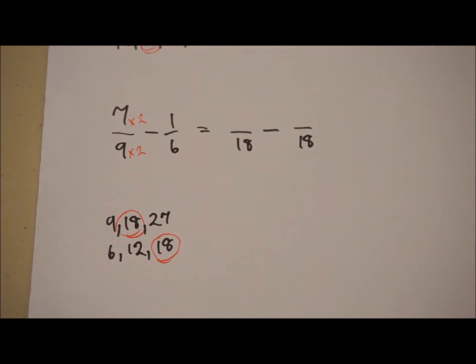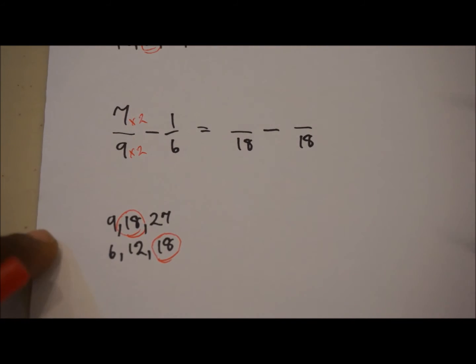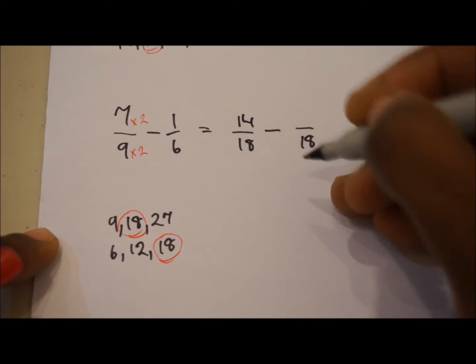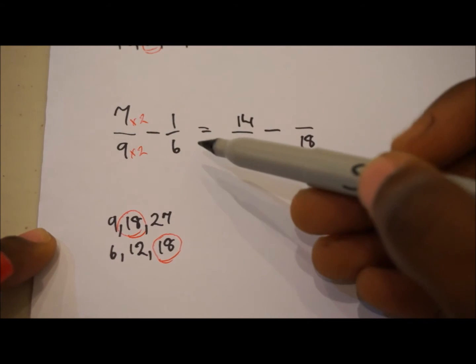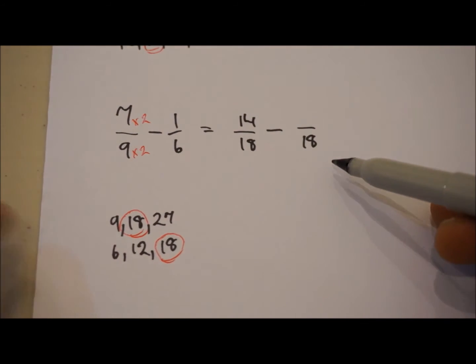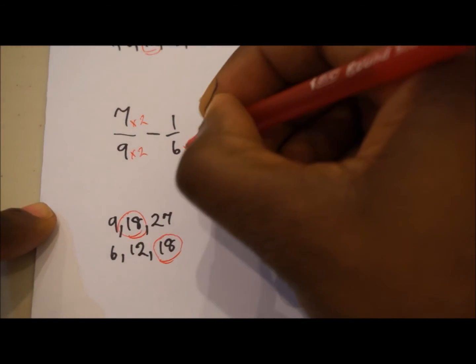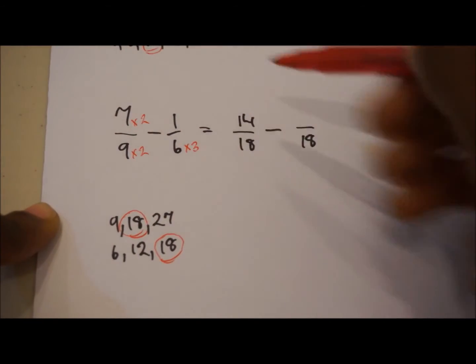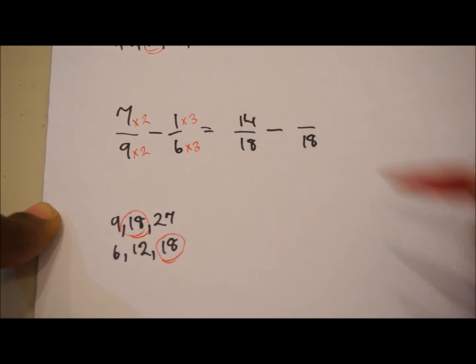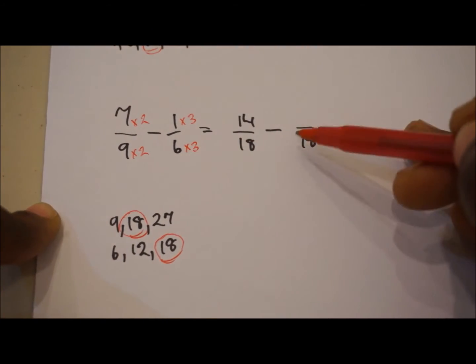Therefore, I have 14 now. The same thing happens here. What do I multiply the 6 by to get 18? I multiply the 6 by 3. Therefore, I multiply the numerator by the same 3. So 1 times 3 gives me 3.